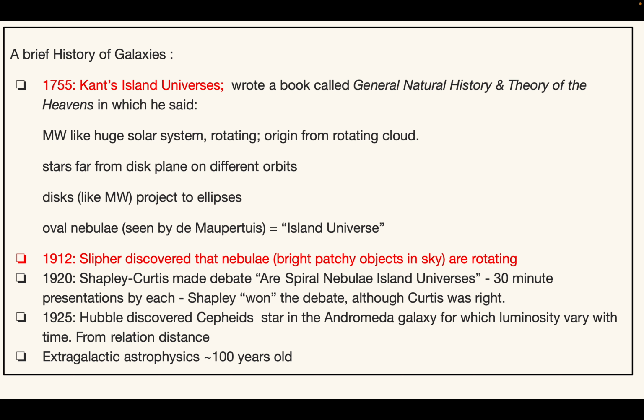In 1925, 100 years before today, Hubble first discovered Cepheid stars in the Andromeda galaxy, whose luminosity varies with time.